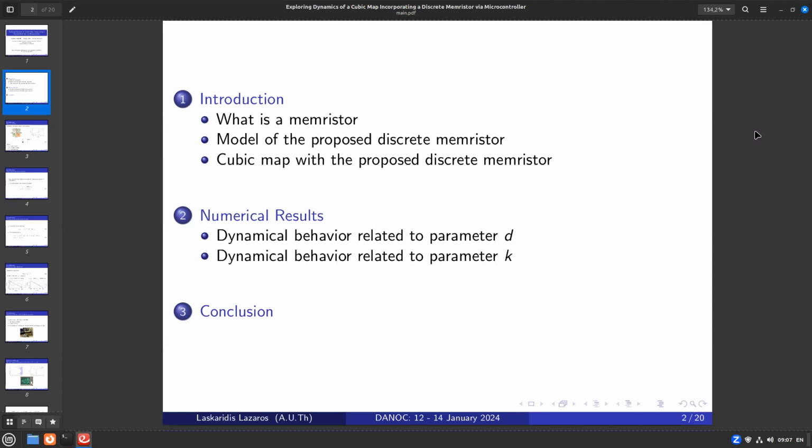And the third part of the introduction will be the cubic map with the proposed discrete memristor, how they are going to be combined. In the second part, where we are going to present the numerical results, we are going to present the dynamical behavior related to the parameters D and K, which are parameters of the system. And in the final part, in the conclusion, we are going to talk about all the conclusions.